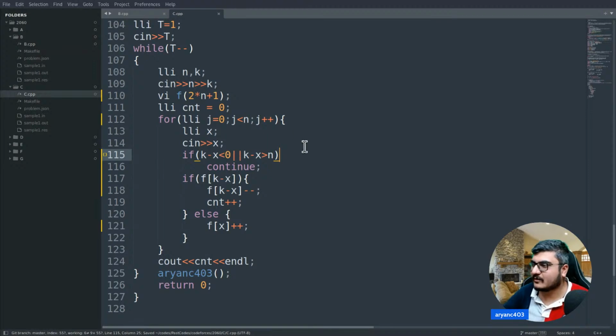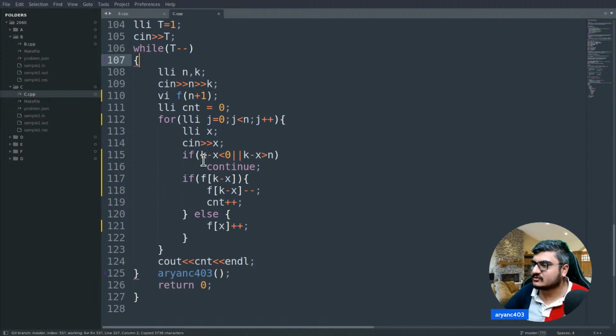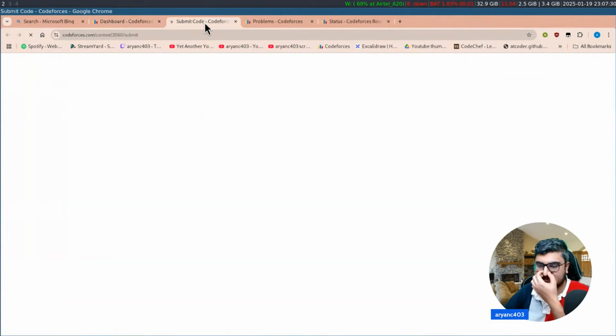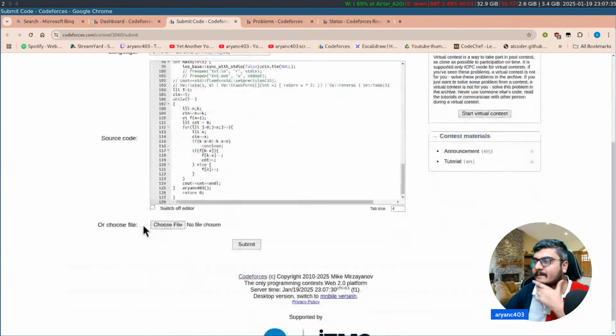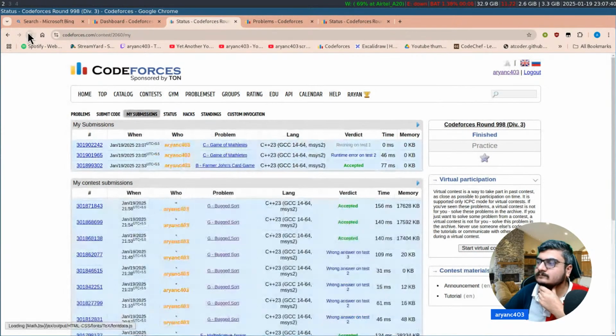Such numbers can never form pairs because each number is between 1 and n only. So you should always ignore the numbers where k minus x is greater than n or negative. Pretty tricky one, I guess.